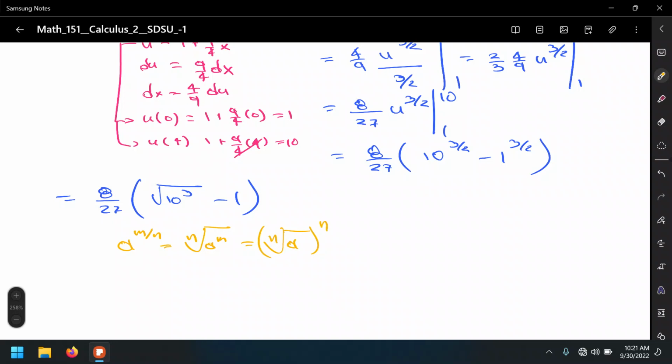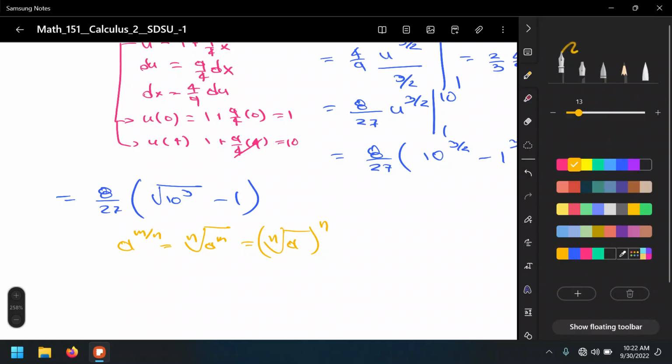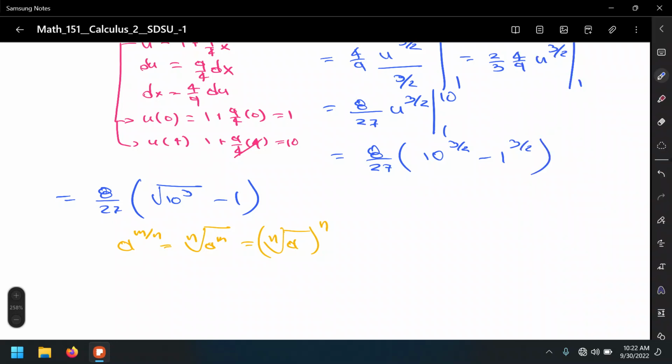You will see me using one or the other depending on the complexity or the nature of the number we want to simplify. If we have a perfect square, we may use the latter one. But in this case, the number 10 is not a perfect square, so we're going to work with 10 to the 3rd power. So to simplify this radical inside of the parentheses, we're going to go 8 over 27.